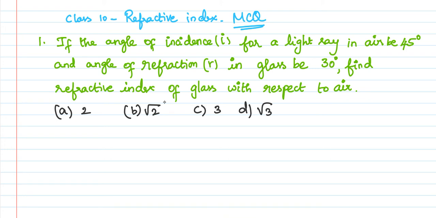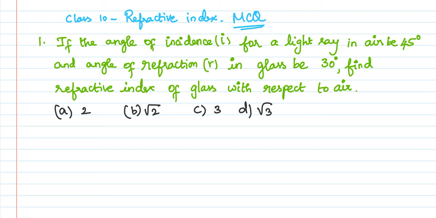So first question, if the angle of incidence I for a light ray in air be 45 degree. So what is given? Already in other videos I gave you the training on how to give a pause and read the question. That will give you clarity when you are reading the question itself.